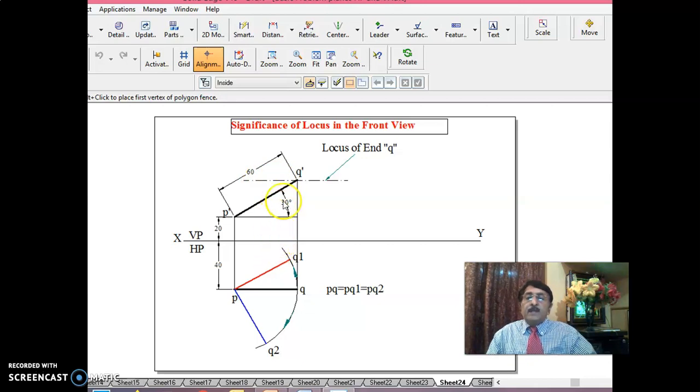At the same time, don't forget, as long as inclination to HP is same, the top view of this line will remain same. See here, this P dash Q dash in the front view, and this is the top view.